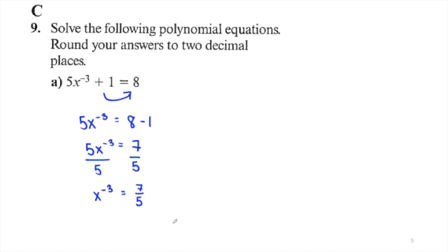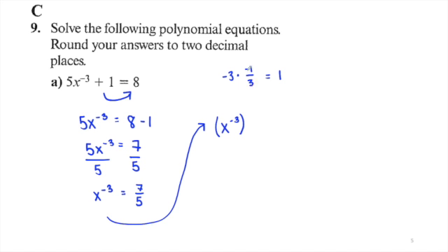Okay, then your best way to get rid of this, remember we want this to equal 1. So you're going to take x to the negative 3, and what do we want to multiply it by? Negative 3 times what is going to equal 1. Well, you're going to want a positive 1 here, so let's times it by negative 1, and then all over 3.